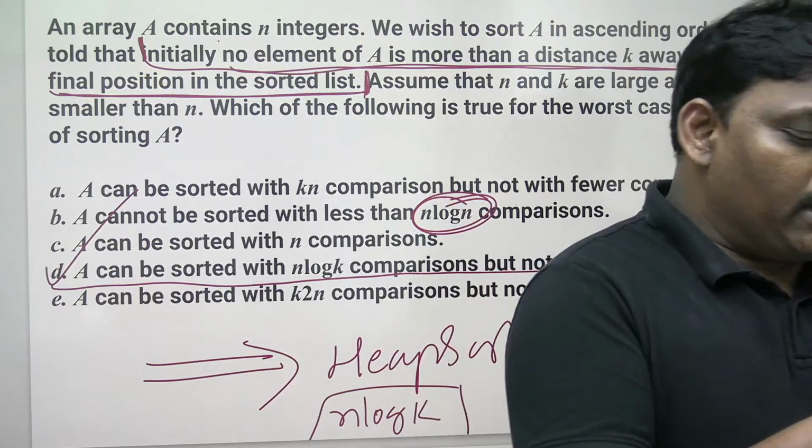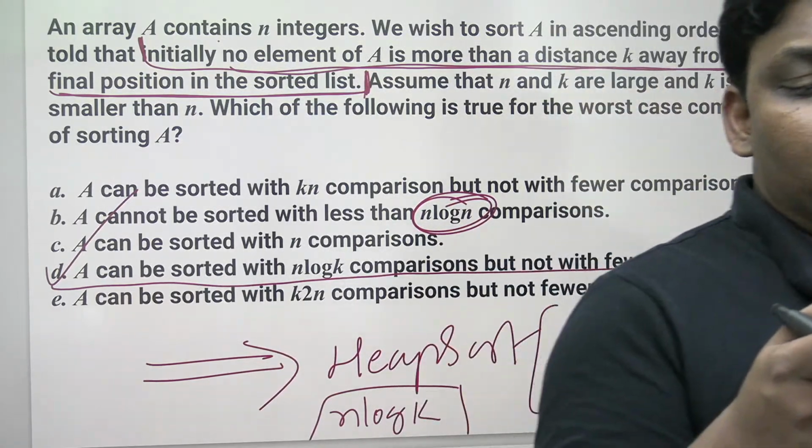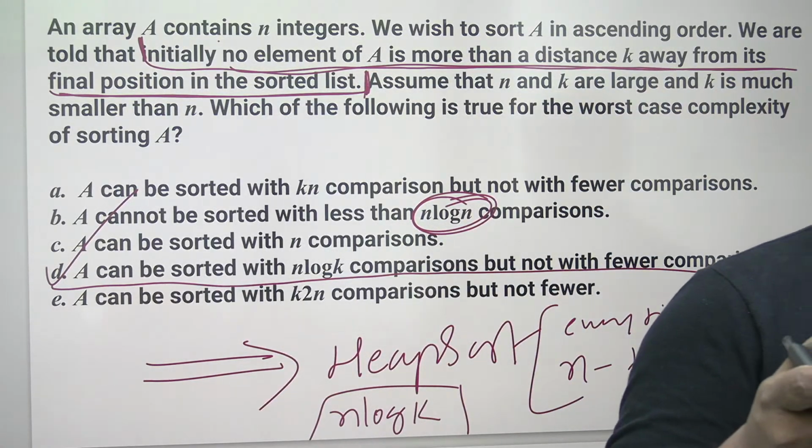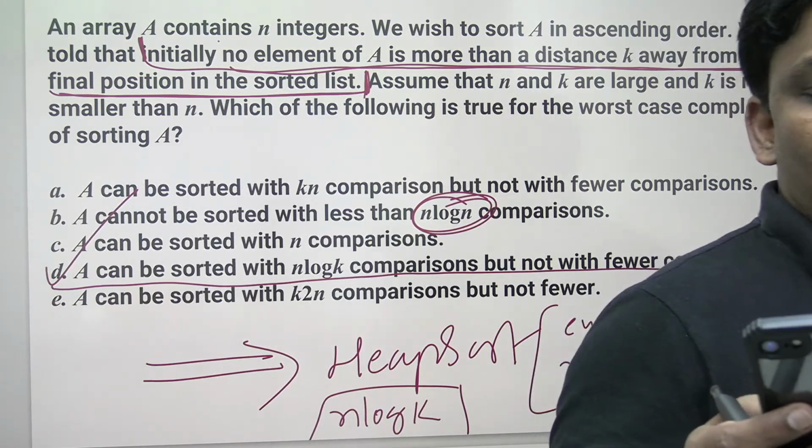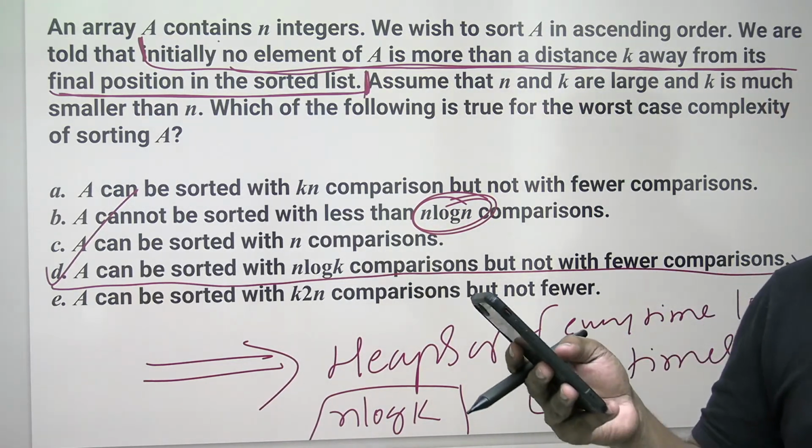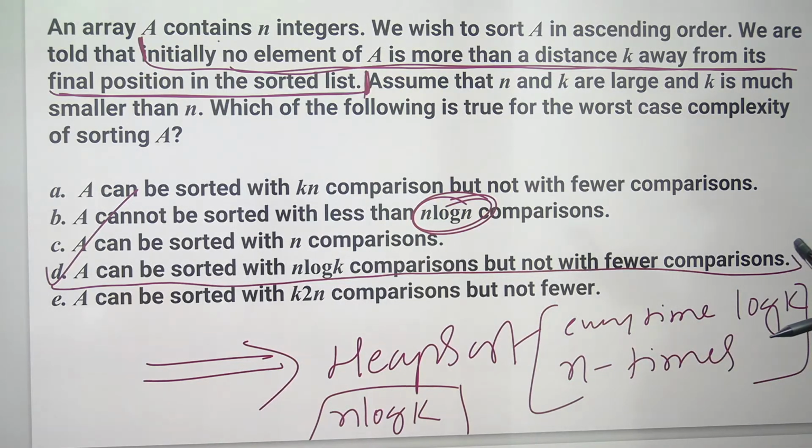Sir, because it is mentioned sorted list, we can think of merge sort or heap sort. See, if nothing is mentioned, merge sort. K positions away, heap sort.